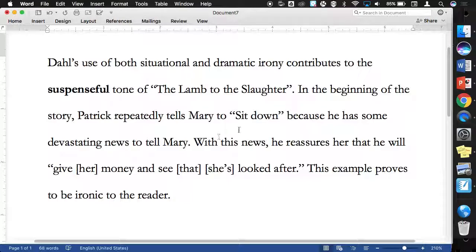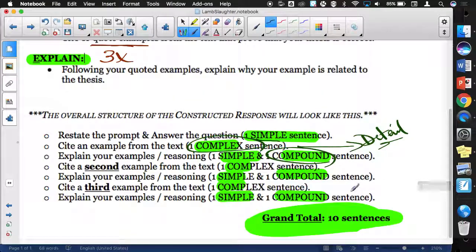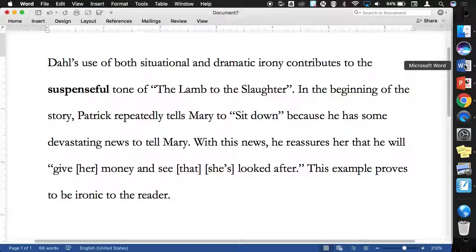This is a simple sentence. What kind of sentence did I want? I wanted to have a simple sentence. Now I need to write a compound sentence. Now, I still haven't explained why it's ironic. Aaliyah was talking about how it's ironic because it was a surprise to us that her husband would choose to leave her. So I can go, this example proves to be ironic to the reader.